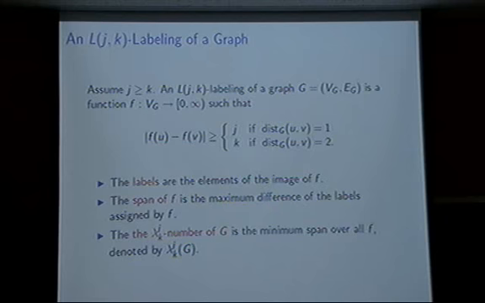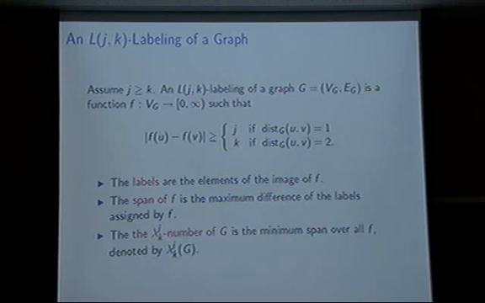Okay, in this case, we call the span of f the maximum difference between labels. So that's really the maximum value of f minus the minimum value of f. And usually people put the minimum value to be 0, so the span is really the maximum value of f.